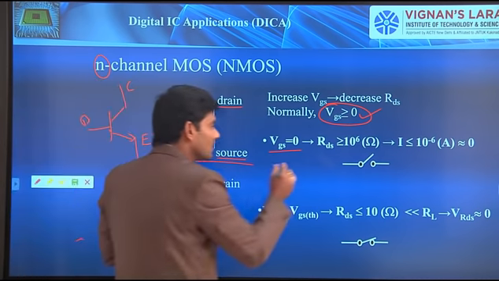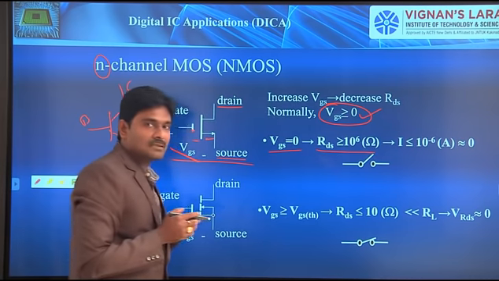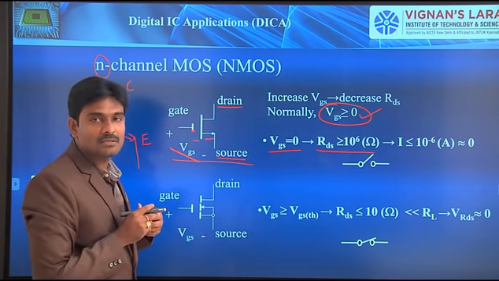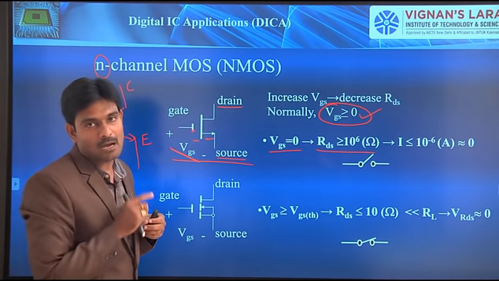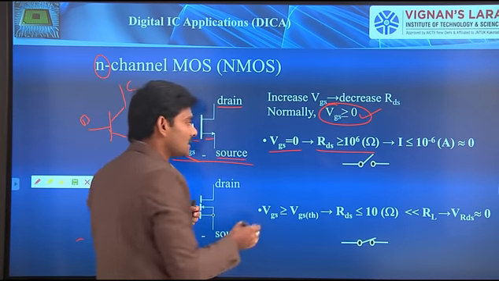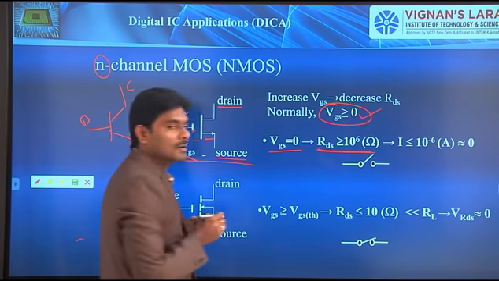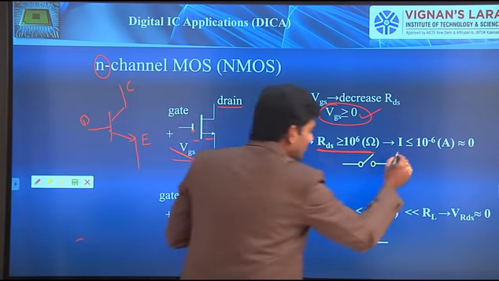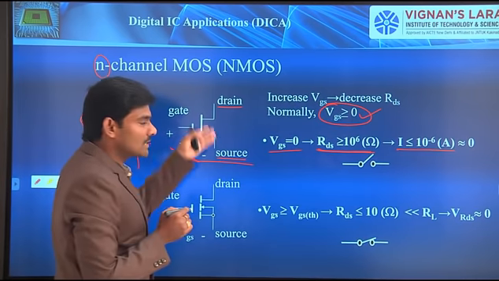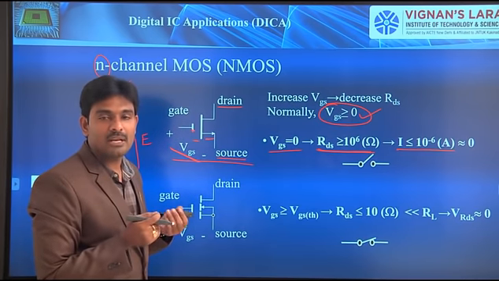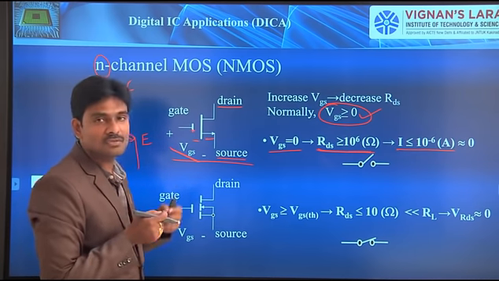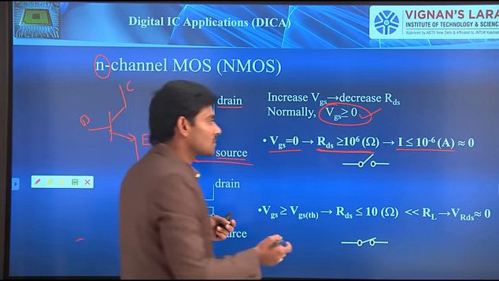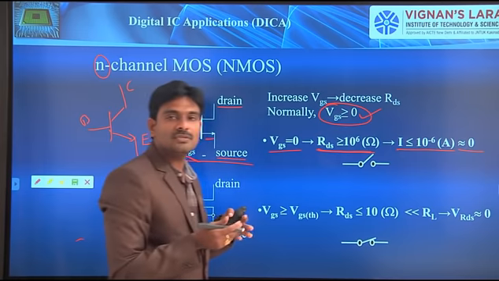That resistance value is greater than or equal to 1 megaohm, which I indicated as RDS greater than or equal to 10 power 6 ohms. And the current across the source and drain is negligible, very small, equivalent to 1 microampere, which we can approximately consider as 0 itself.